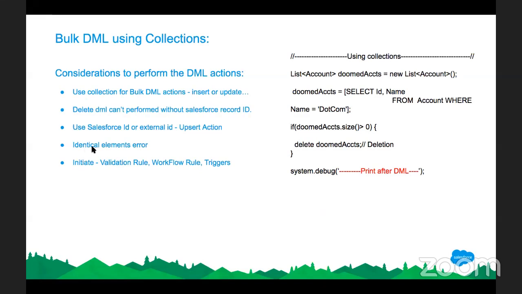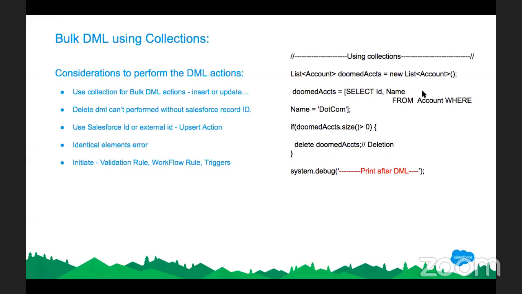Now, what is meant by the identical elements error? Look, sometimes the code error will happen when you are adding the same Salesforce sObject record multiple times in the same list. Then we will receive the identical elements error.